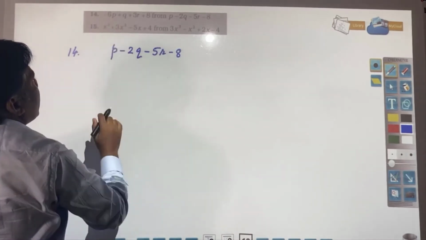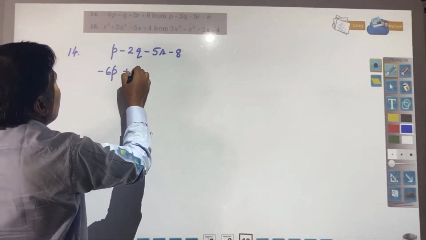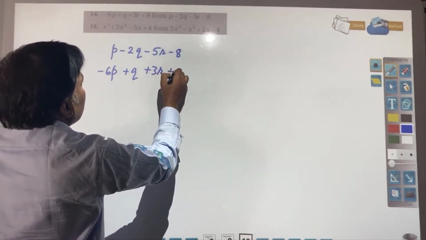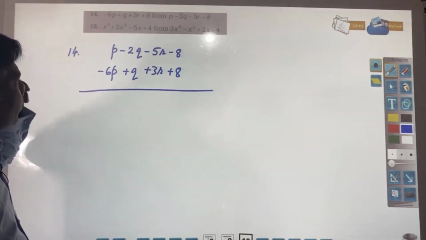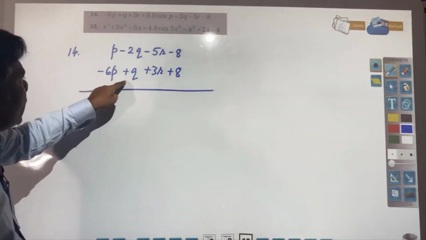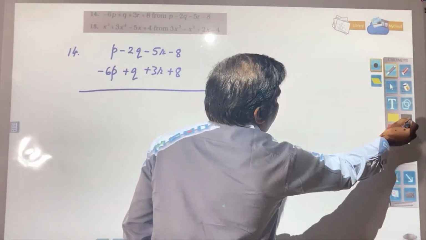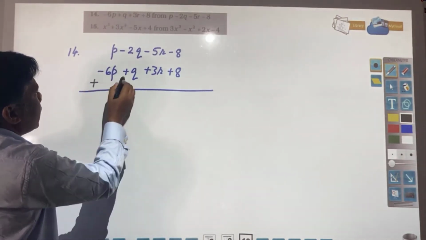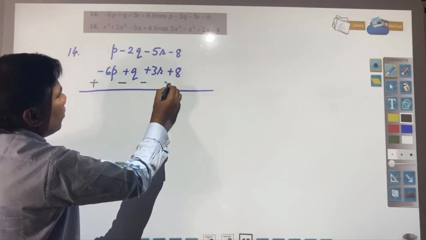This number is required to be subtracted. Minus 6p plus q plus 3r and plus 8. Now for subtraction, what step is required to be followed? Sign is required to be changed. So you change sign. So minus is there, it will become plus. This will become minus. This will become minus, and this will become minus.